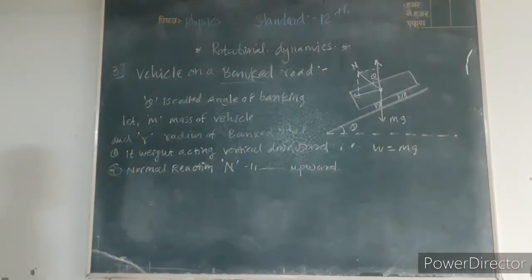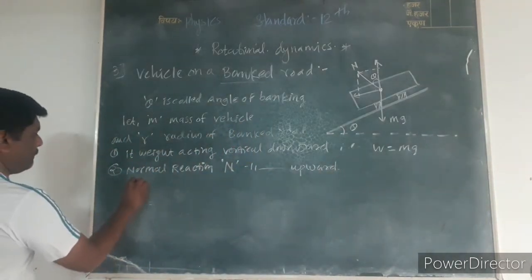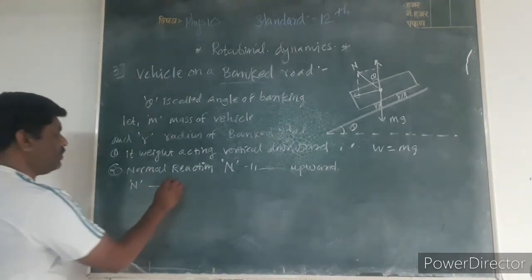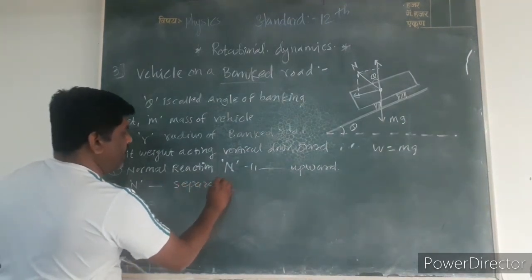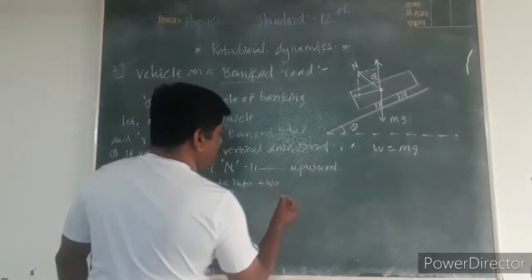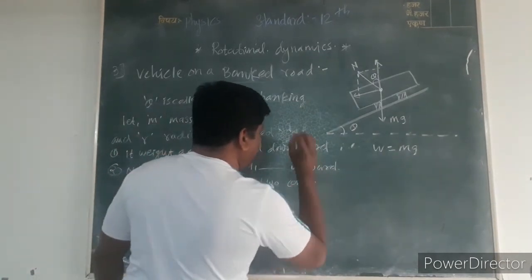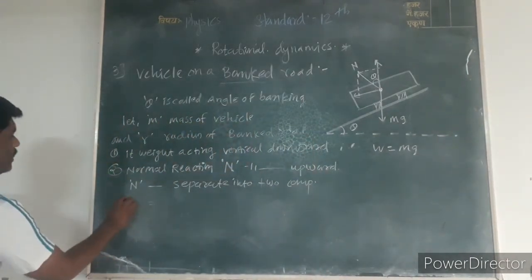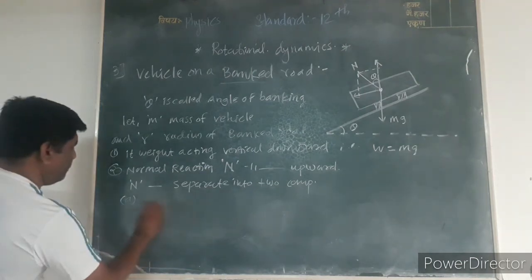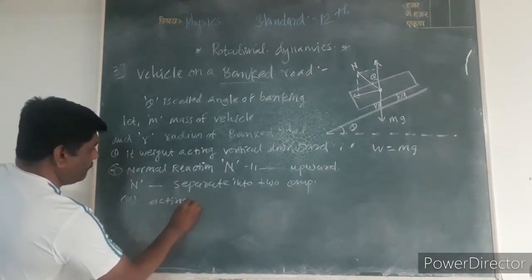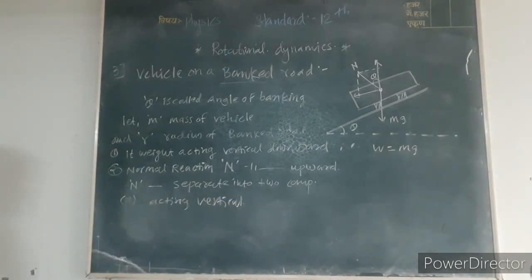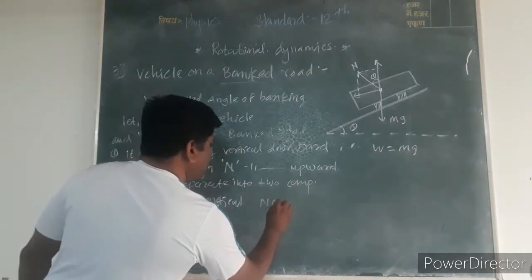But this normal reaction is resolved or separated into two components. The first component acts vertically, that is called N cos theta.